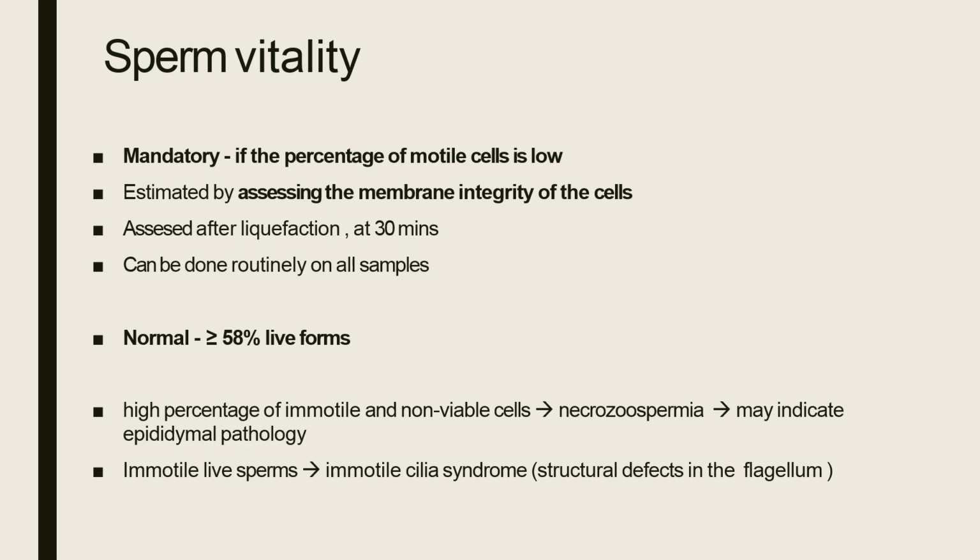We assess it by observing the integrity of the cell membrane. If the cell membrane is intact, we assume it is performing its function of a differentially or selectively permeable membrane, which means the cell is living.